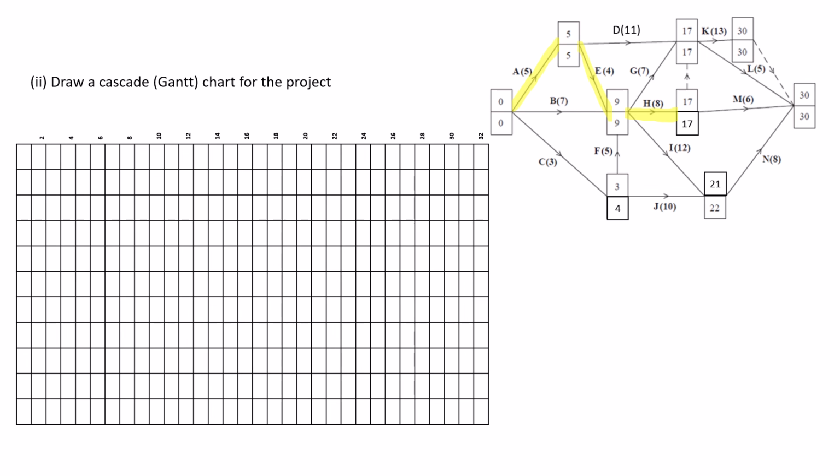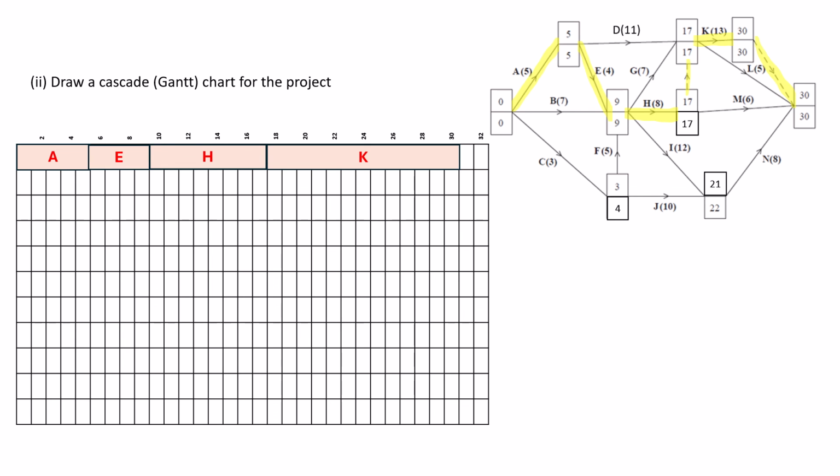I is not, and then we have L, which is not. We have K, which is, and then we can connect these dummies in here, which will give us a critical path. There's no other activities that could be critical. So we're going to fill in that critical path first. We have A, E, H, and K, and that's our critical path.